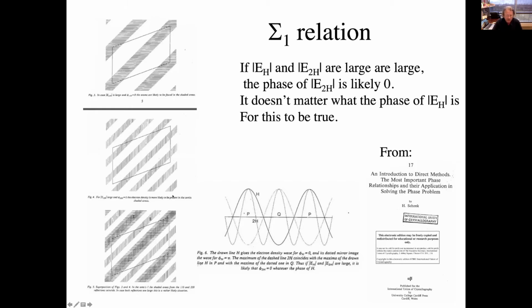If you make a little plot, you can see why it doesn't really matter what the phase of EH is. If they're both large, the phase of E2H is likely 0, because the electron density wave would be maximally reinforced when the phase of 2H is 0, even if the initial one had a negative phase.